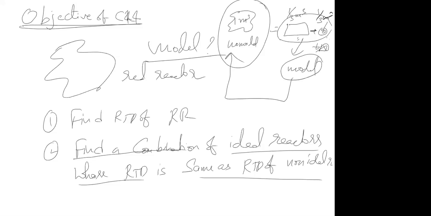Somebody asked me one question in between, when we were starting chapter 4. The question is, sir, we are not able to construct an ideal PFR or ideal CSTR, then what is the use of CSTR and PFR? Anyway, you are going to construct a real reactor which is close to PFR or close to CSTR.